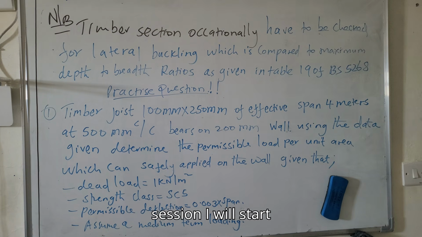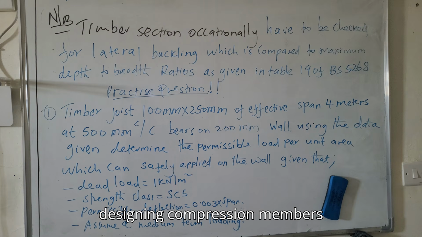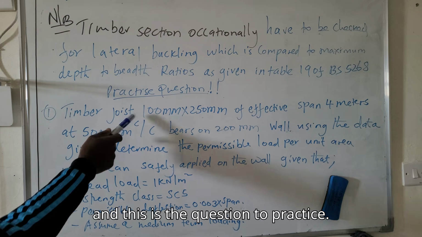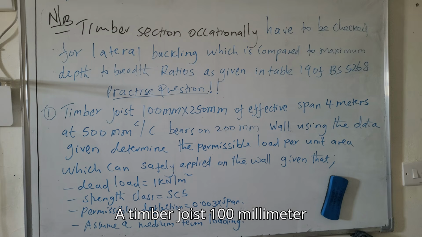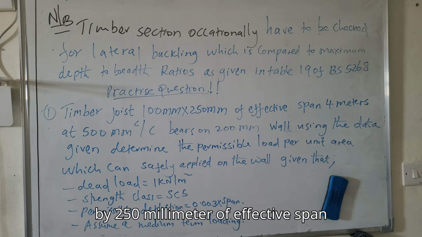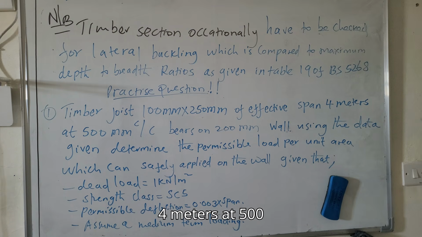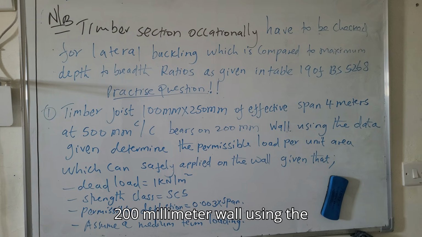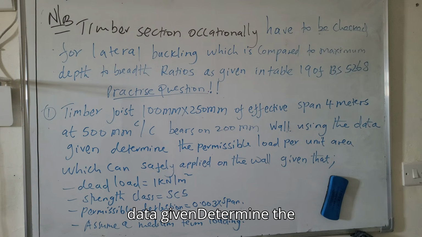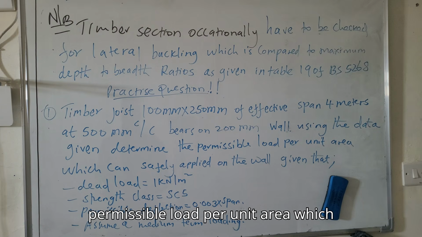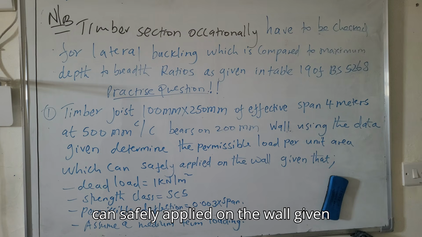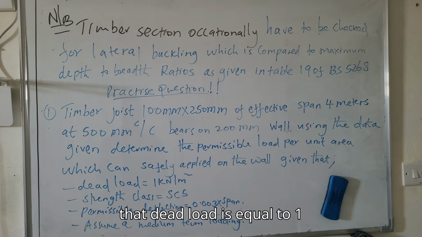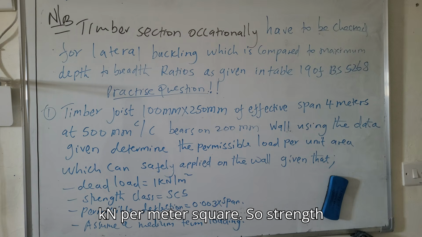In my next session, I will start designing compression members. And this is the question to practice. A timber joist 100 millimeter by 250 millimeter of effective span 4 meters at 500 millimeter center to center bears on 200 millimeter wall. Using the data given, determine the permissible load per unit area which can be safely applied on the wall, given that dead load is equal to 1 kilonewton per meter square.